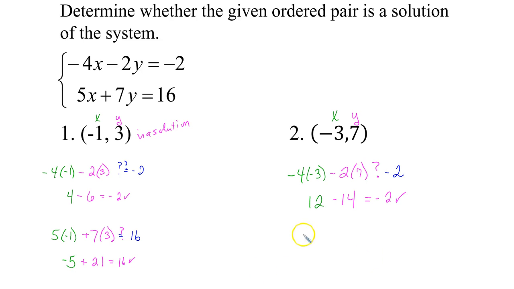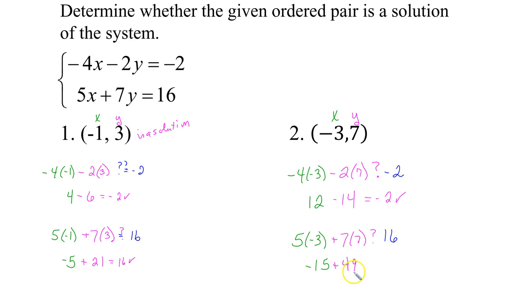Moving to the second equation, 5 times negative 3 plus 7 times 7, is this equal to positive 16? So we begin negative 15 plus 49.